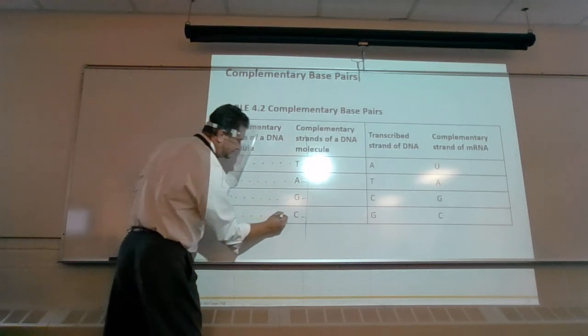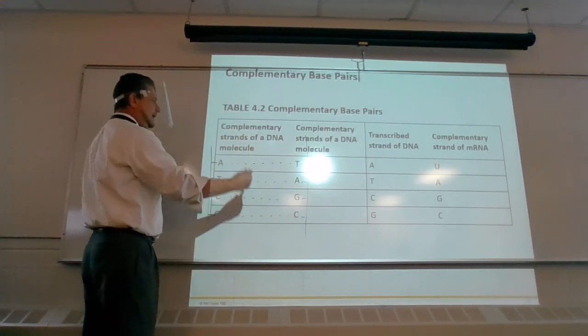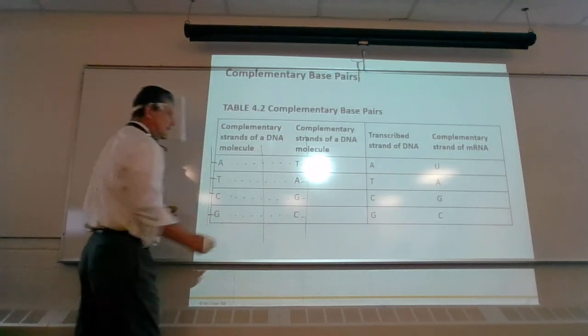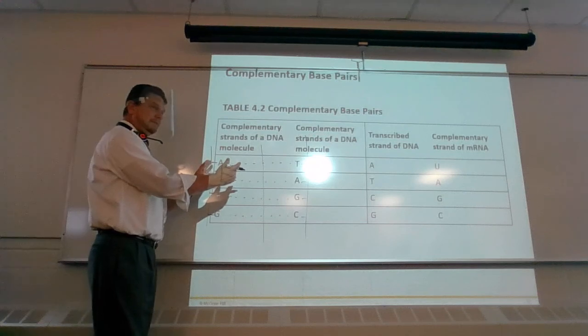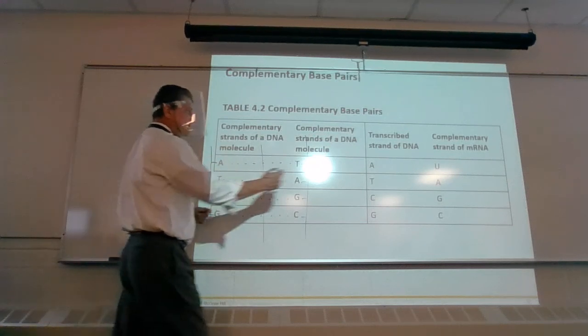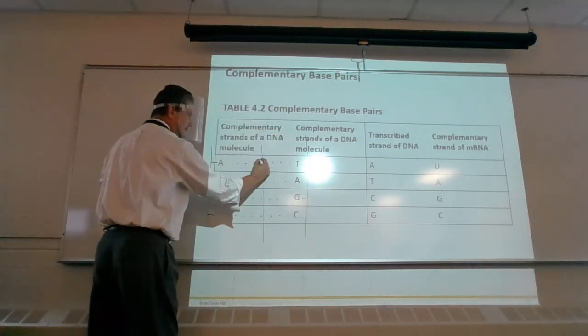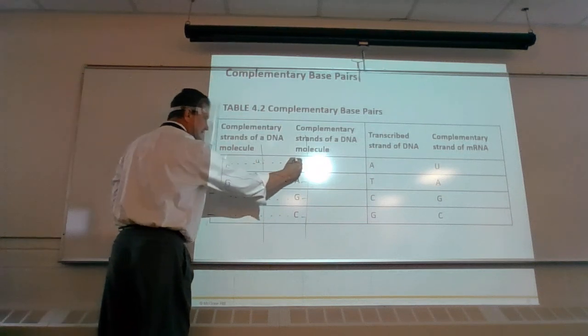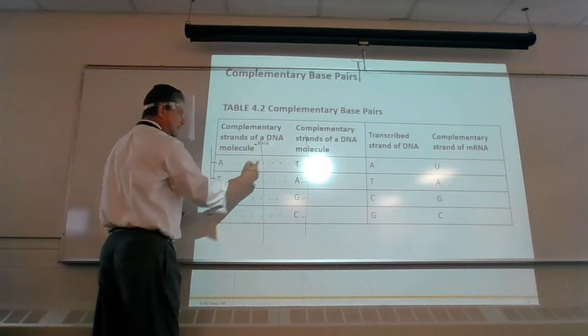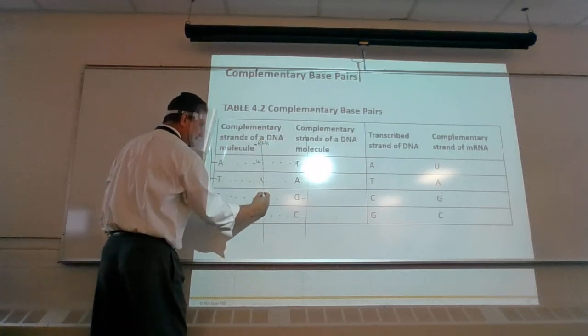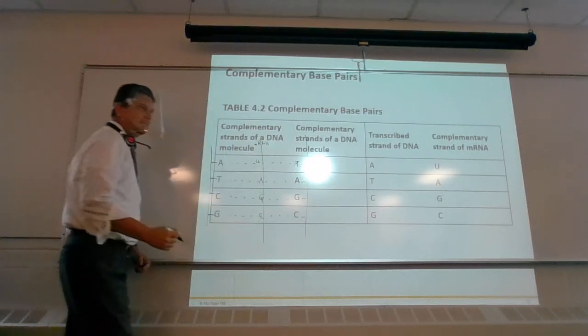Now, when this unwinds and I have this messenger RNA get in the middle of it, it's going to make a copy. The big change is the copy over here is going to be a U because I don't have T on the RNA. Everything else ends up being the same, right?